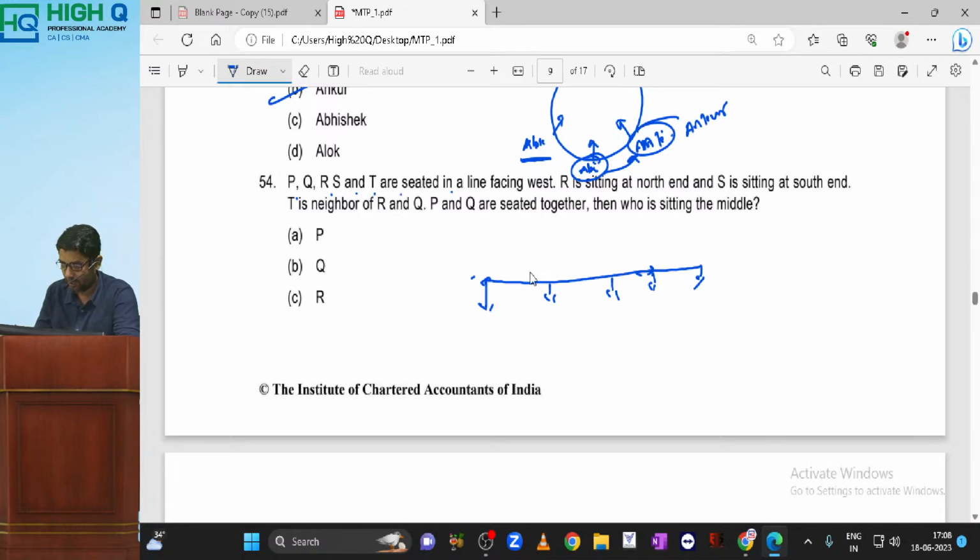Now, consider they are facing south. Because when they face south, this is my right side and this is my left side. Accordingly you need to arrange. Now, R is sitting at north end and S is sitting at south end.